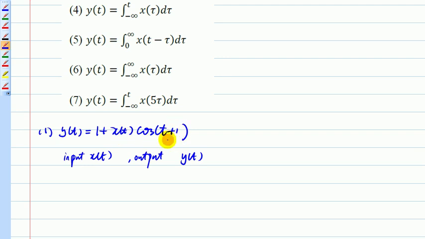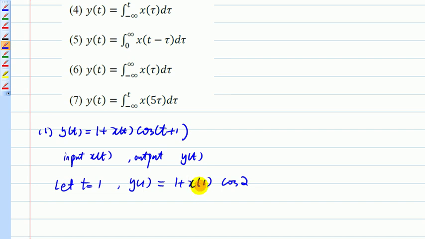Your first impression is, if I let t equal to 1, then y of 1 equals x of 1 and cosine 2. So you might wonder, does my current output depend on a future input too? Well, that's a pitfall here, so you've got to be careful.